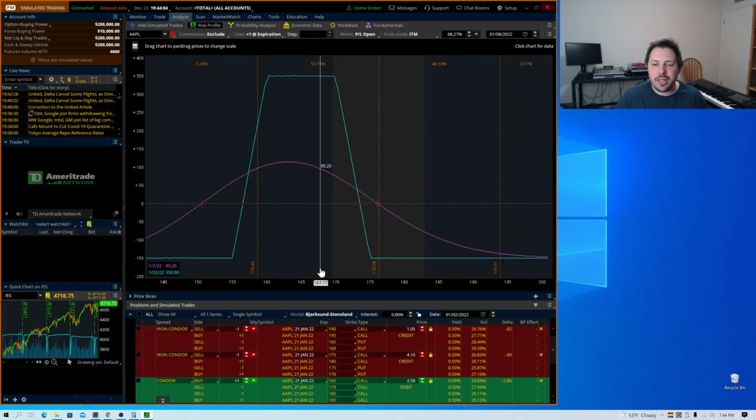Remember, the risk is always if at expiration, the underlying asset is settling between those strikes, right? You never want to let that happen unless you're aware of it and you're anticipating it and you're okay accepting that risk of assignment.